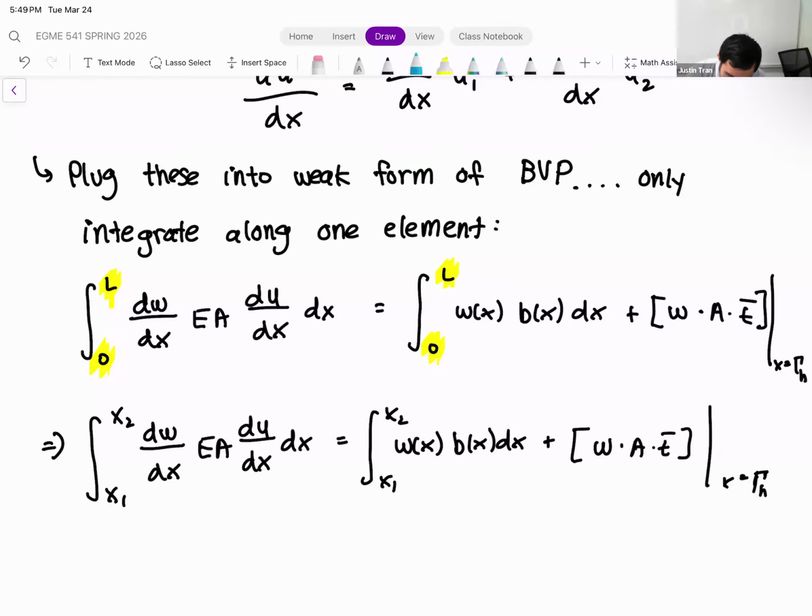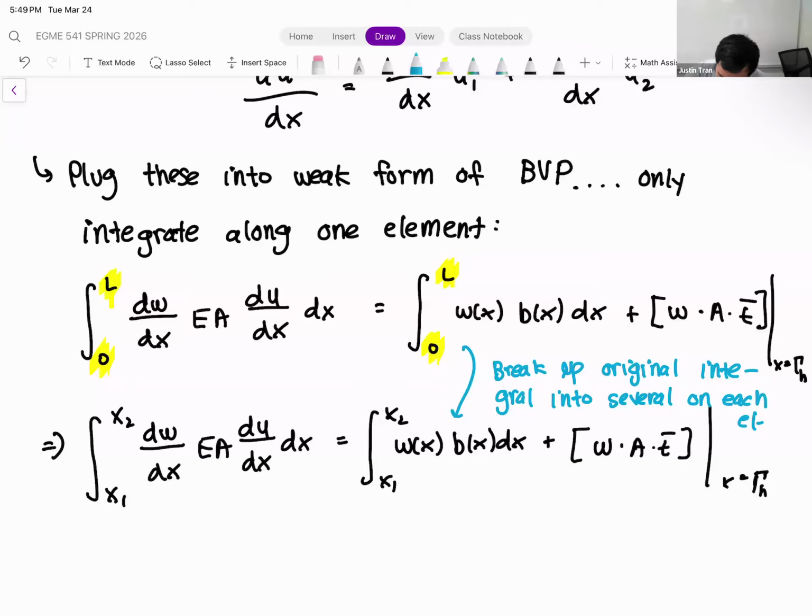And so to go from here to here, we're going to break up the original integral. So we're essentially taking advantage of the fact that if you have an integral across an entire domain, right?